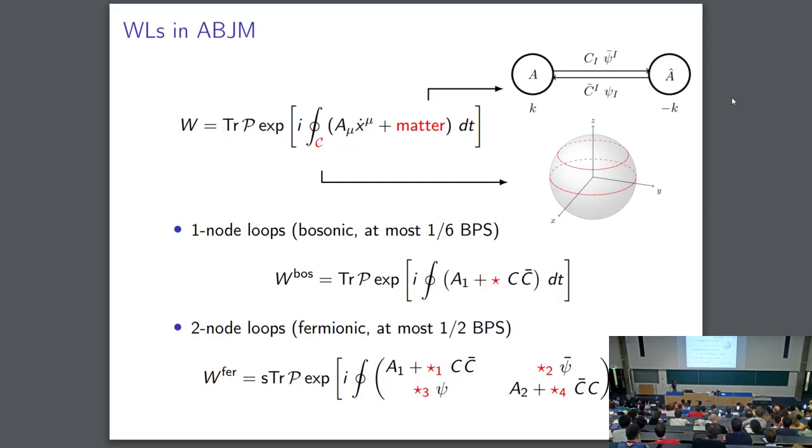If you define a two-node loop that we call fermionic, we can have operators that are at most a half BPS. And in this case, the definition of the operator includes both nodes, so the node on the left, A1, the node on the right, A2, the scalars again, and the fermions in the off diagonal. All of this appearing in such a way that when you act with a supercharge on W, it annihilates W, so you have supersymmetry being preserved.